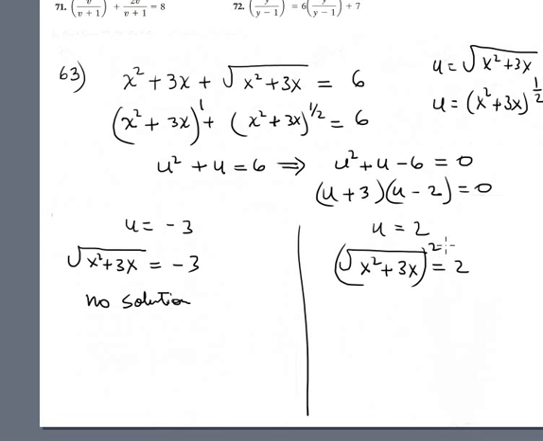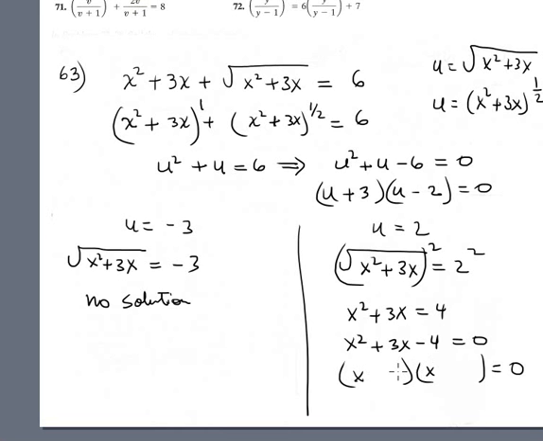And you square both sides. x squared plus 3x equal 4. x squared plus 3x minus 4 equal to 0. Factorization is x, 4 and 1, plus and minus. Okay, the solution is negative 4 and positive 1.